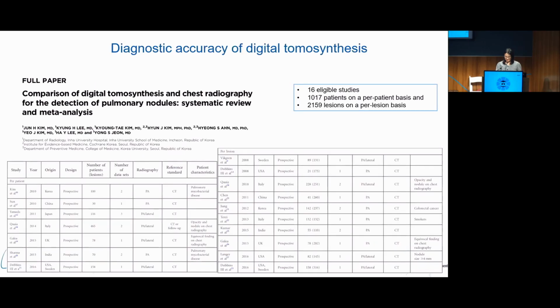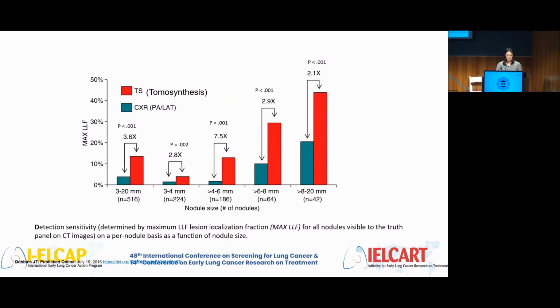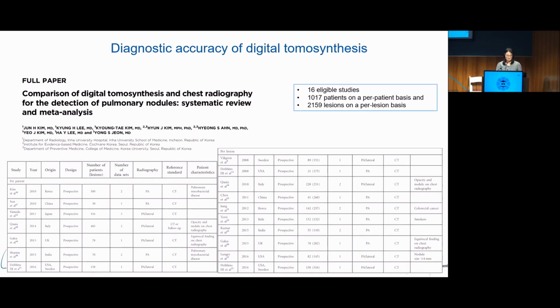For the overall lesion size 3 to 20 millimeter, DT can detect 3.6 times higher than chest X-ray, and the magnitude reaches a maximum of 7.5 times higher at lesion size 4 to 6 millimeter.